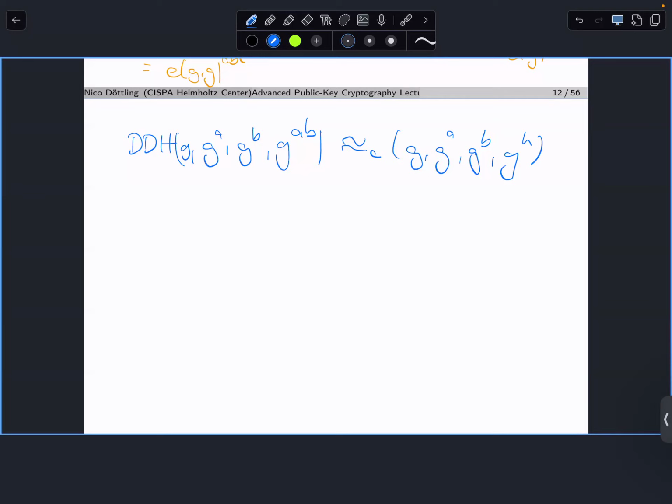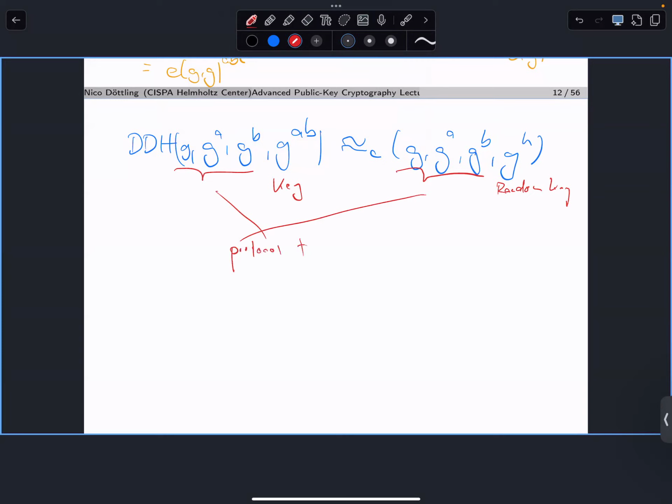The only thing that differs here is G to the AB versus G to the U, so a real key versus a uniformly random chosen key, given the protocol transcript.